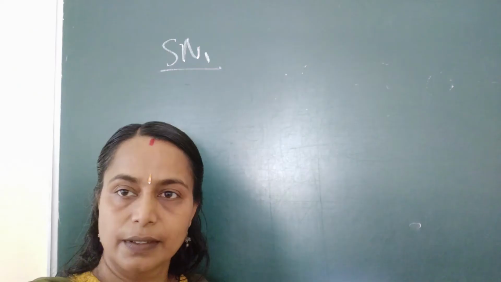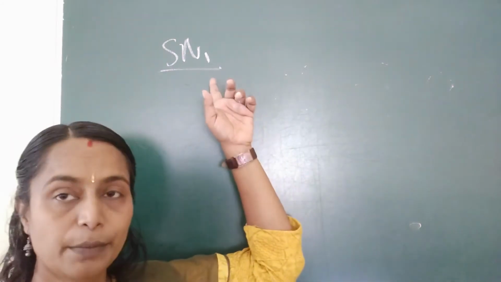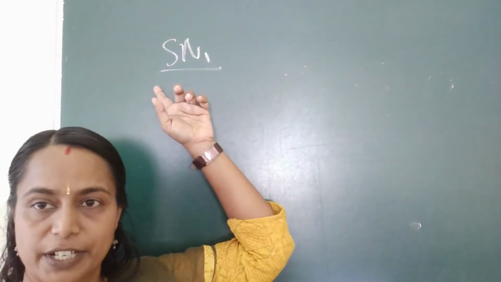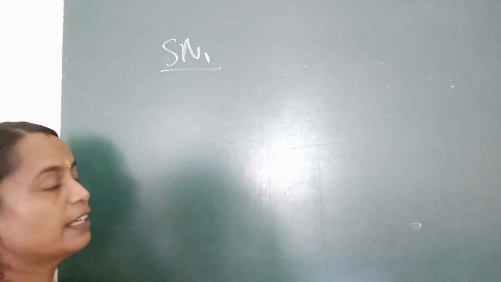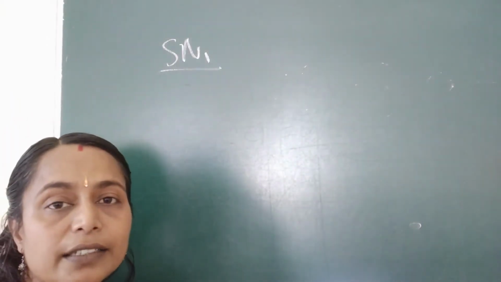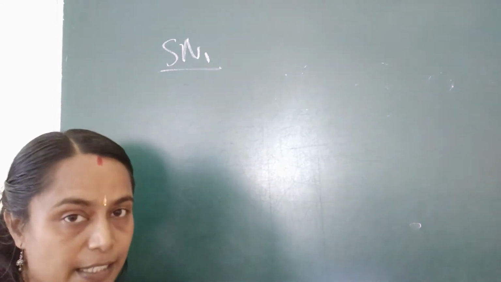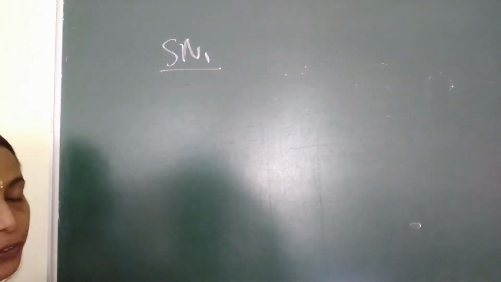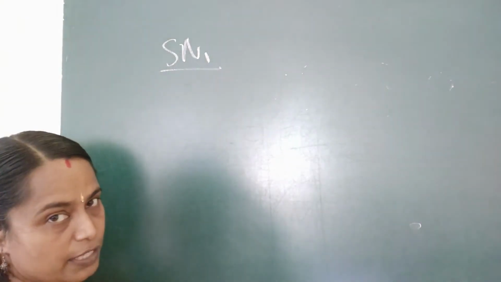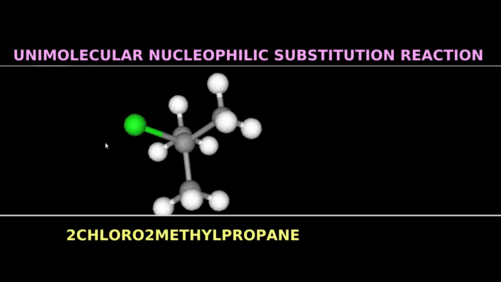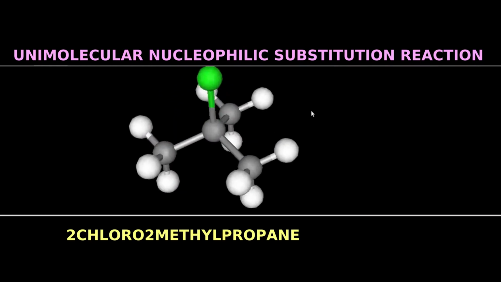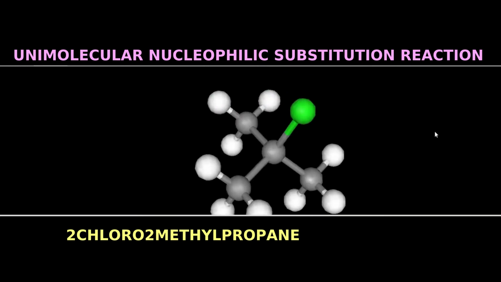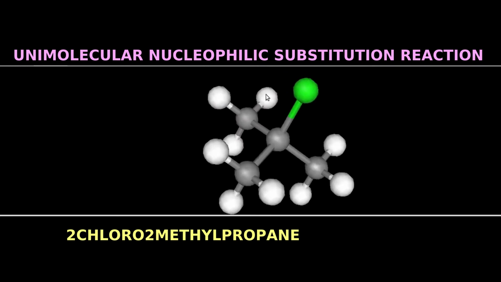Next is the SN1 mechanism, unimolecular nucleophilic substitution reaction. This mechanism can be explained by taking tertiary butyl chloride as an example, the nucleophilic substitution of tertiary butyl chloride with the hydroxide ion. In tertiary butyl chloride, there are bulky methyl groups attached to the carbon to which the chloride is bonded.